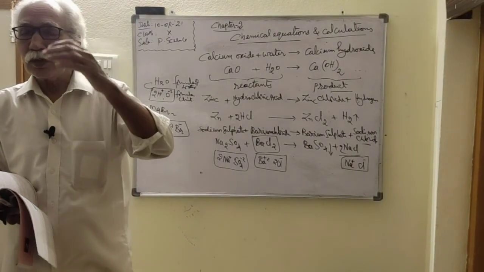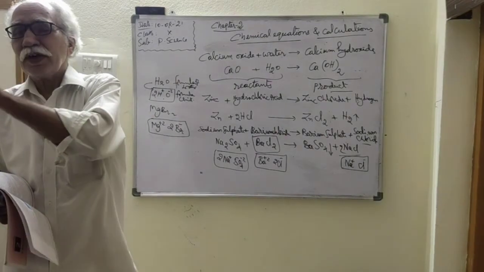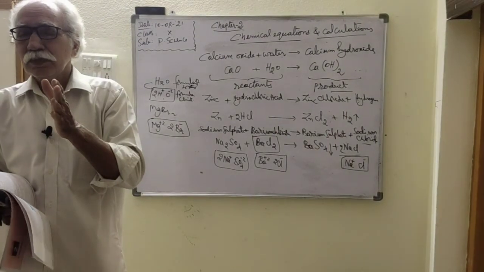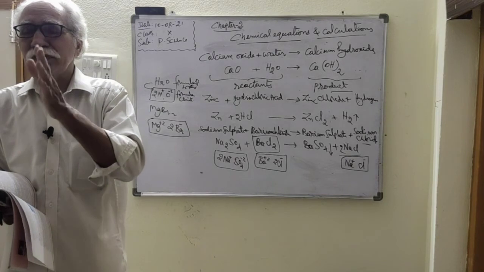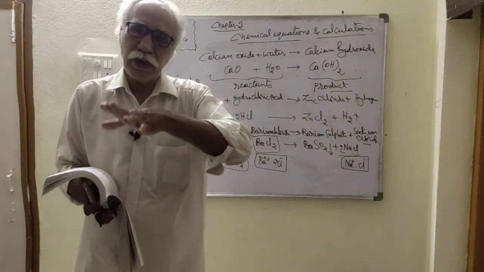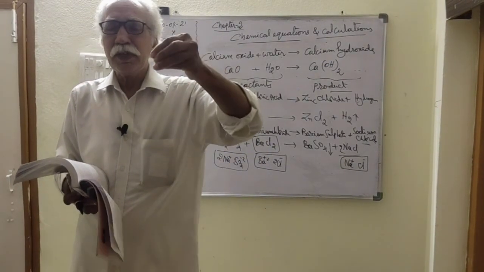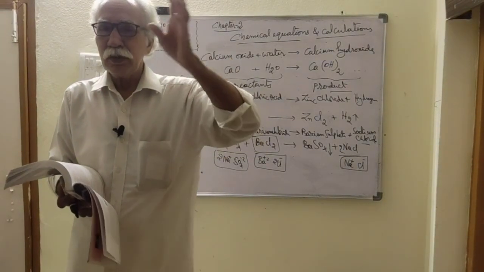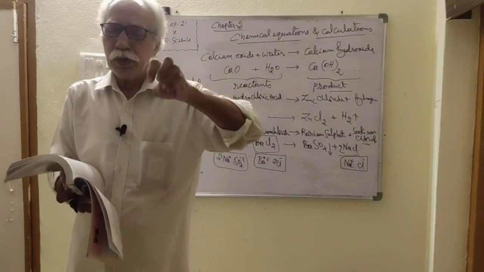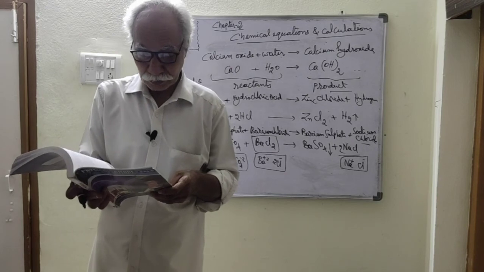So you have to compare the number of atoms of each element in the reactant side and product side. If they are not equal, then you have to re-verify the second step. Again you have to balance with suitable coefficient numbers. That is step number 4.